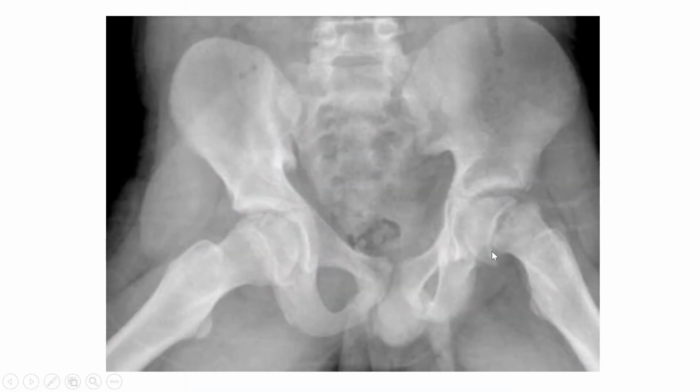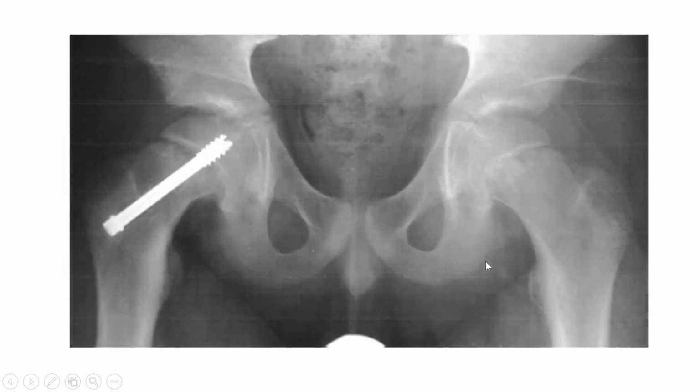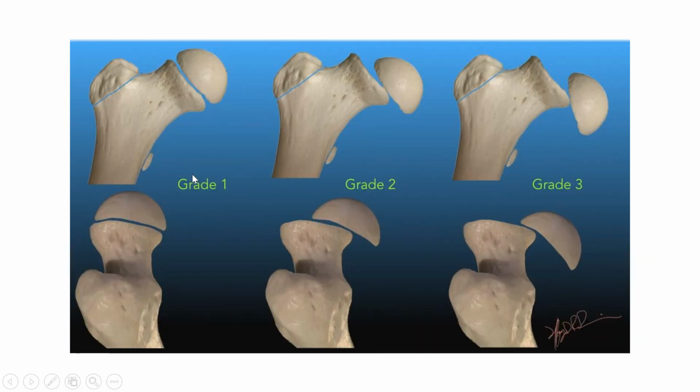Here you can see this is the head of the femur, and here the rest of the head of the femur, the epiphyseal cartilage, and it slipped from it. Again, a screw to fix it. These are slipped capitis. This part is weak because the epiphyseal cartilage is still there.